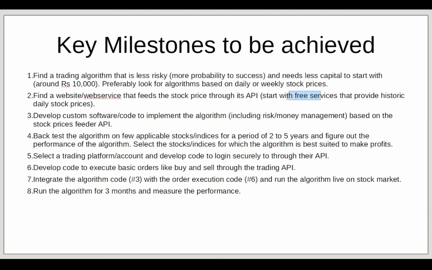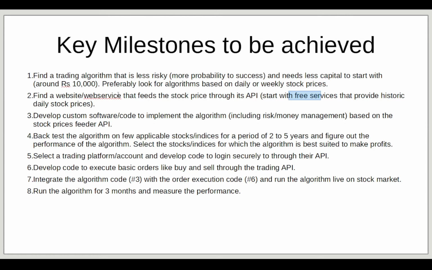If we are looking for intraday or minute to minute live stock price quotes, probably we need a paid service, but I may not even need intraday price fluctuations. So hopefully I come to know about a good website or web service that provides this for free.